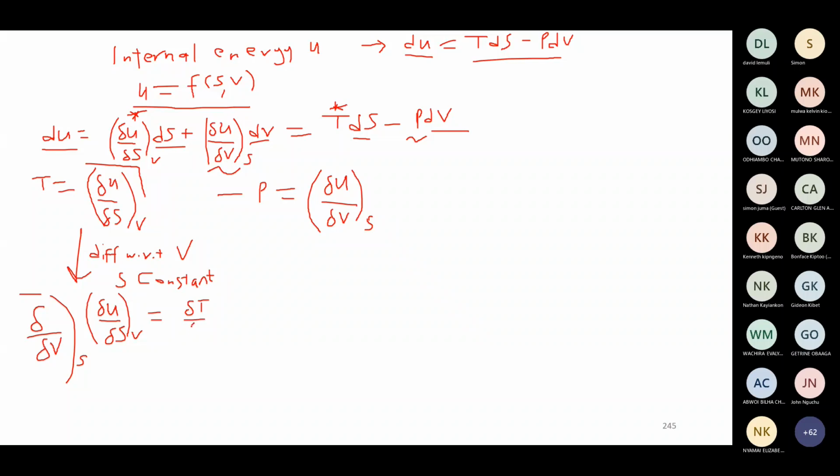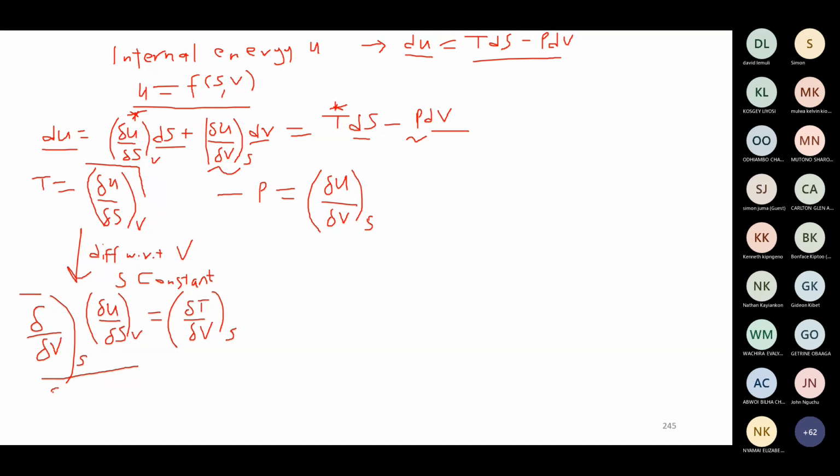delta t over delta v with s constant. Now this part of the expression can be separated.